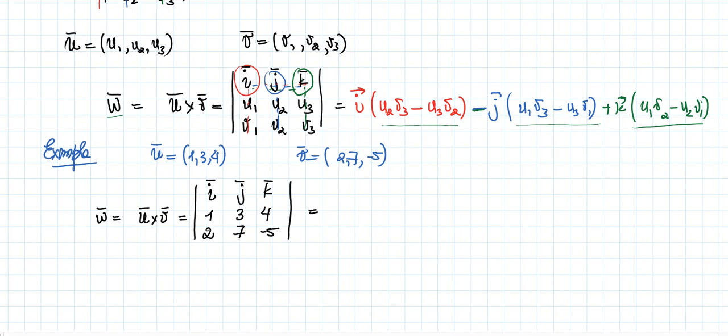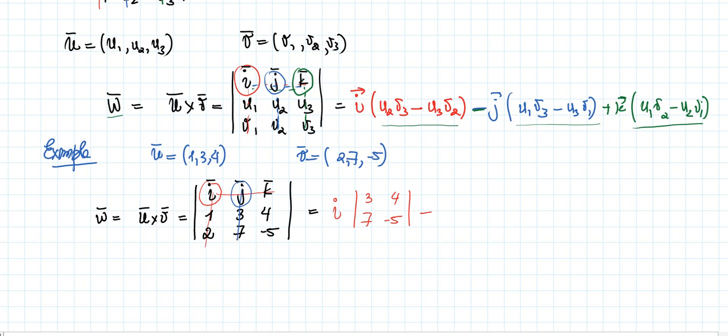In order to do this, again, we're going to choose the entries from the first row. We will choose the first entry of the first row, and we are going to cross out the row where it is located and the column where it is located. Okay? We're going to multiply I by the determinant of the matrix 3, 4, 7, minus 5. Okay? Minus.